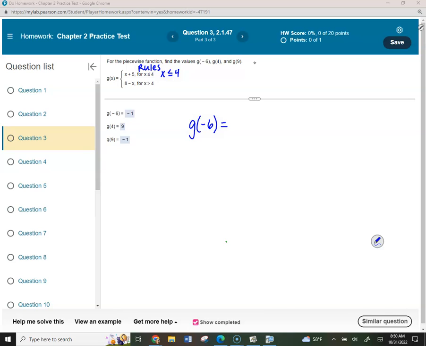So like in mine, -6 is less than, so mine goes into x plus 5. So -6 plus 5 is -1. That's why they have that. Don't let this one throw you off.